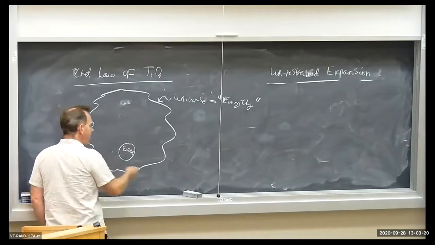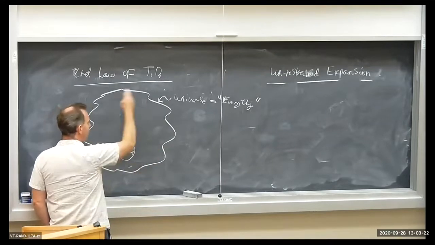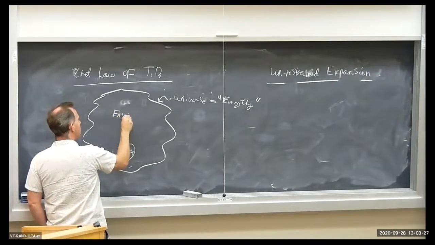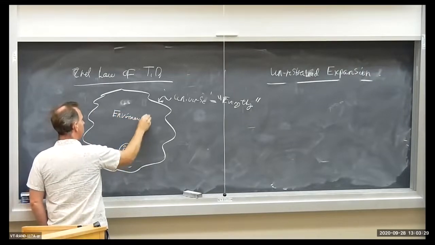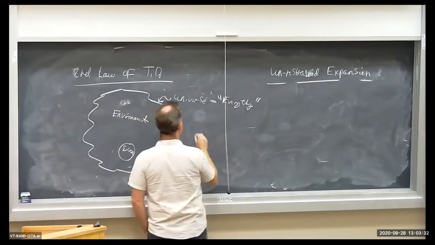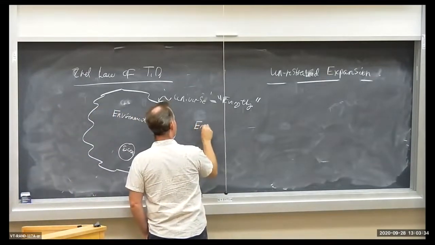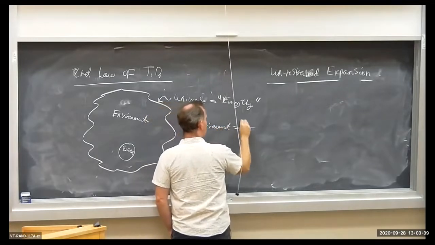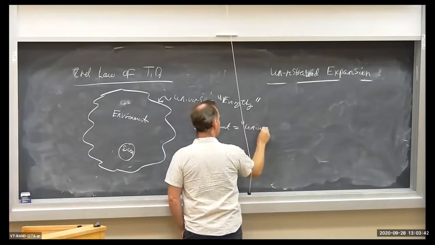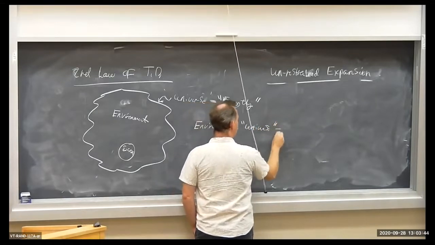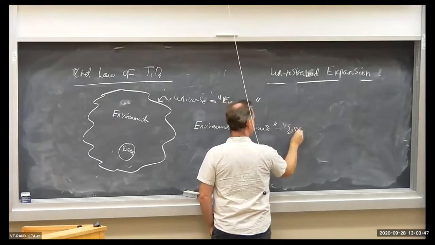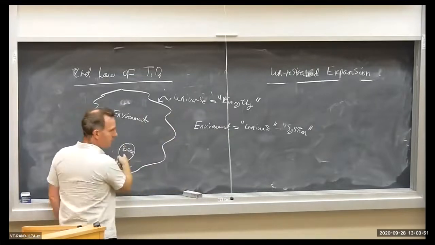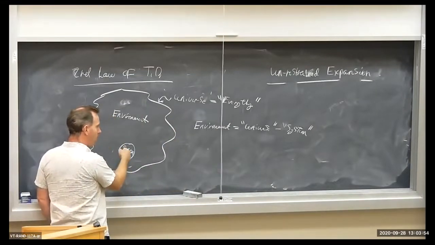And then everything that is outside the system contained within the universe is called the environment. So the environment is the universe minus the system. The universe is everything. The system is a small part of the universe.